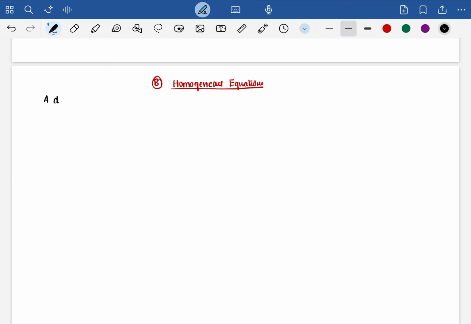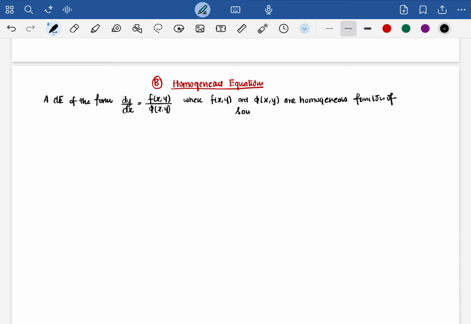Let us say a differential equation of this form is given: a function f(x,y) in the numerator, and at the denominator another function phi(x,y), where f(x,y) and phi(x,y) are homogeneous functions of the same degree in x and y.